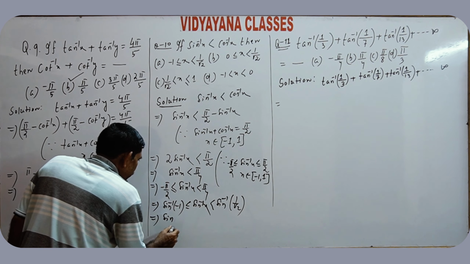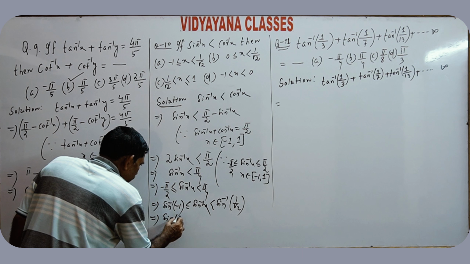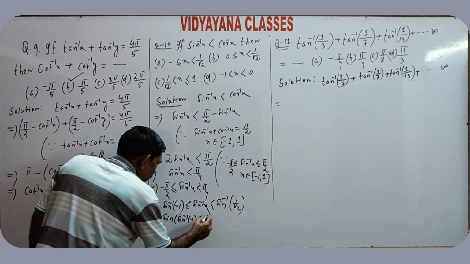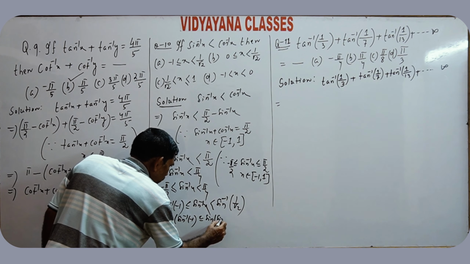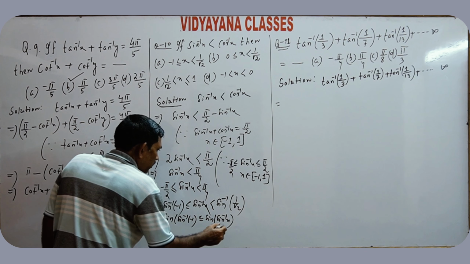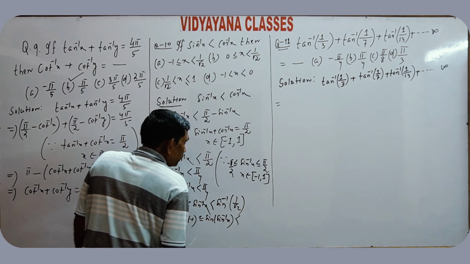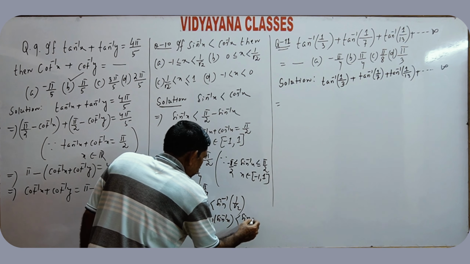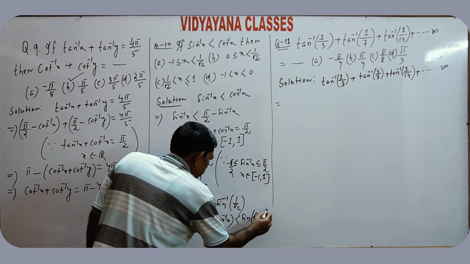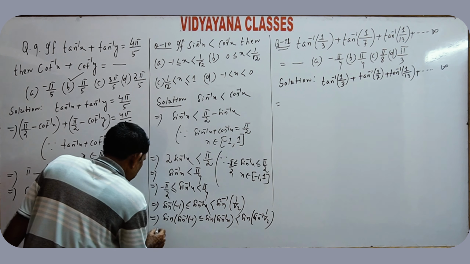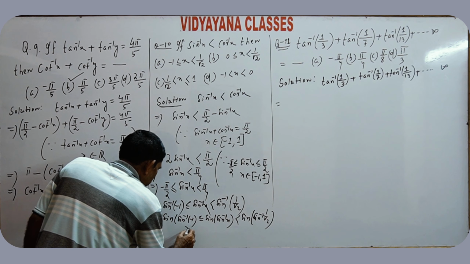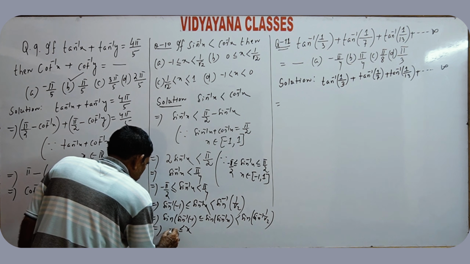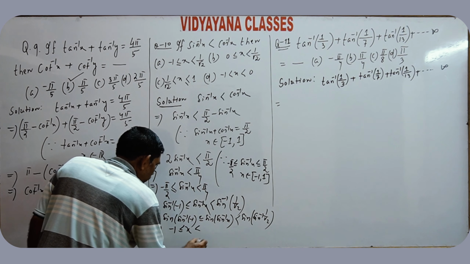Sin inverse minus 1 less than or equal to sin inverse x less than sin inverse 1 by root 2, which implies x greater than or equal to minus 1 and less than 1 by root 2.